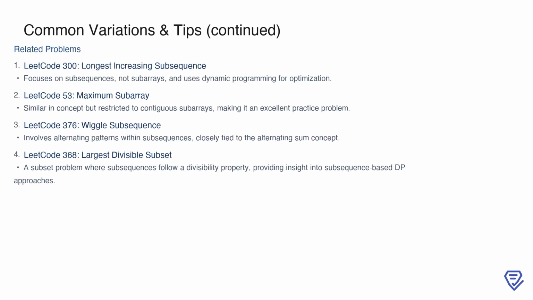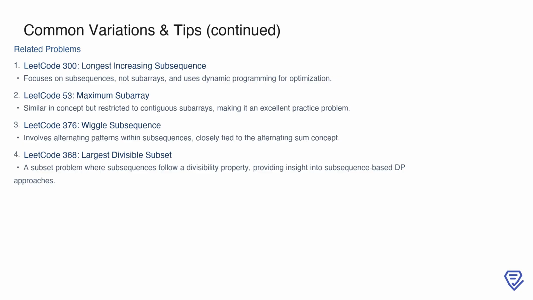This problem is closely related to several others, which provide excellent opportunities for practice and deeper understanding. For instance, LeetCode 300 focuses on finding the longest increasing subsequence. Like the current problem, it deals with subsequences rather than subarrays and uses dynamic programming for optimization. Another related problem is LeetCode 53, which involves finding the maximum sum of contiguous subarrays.